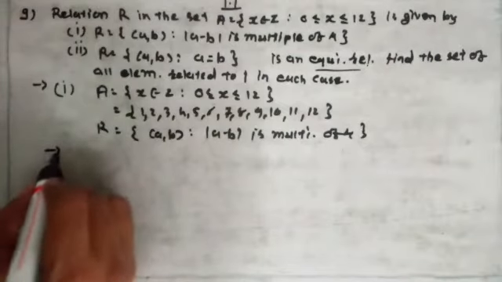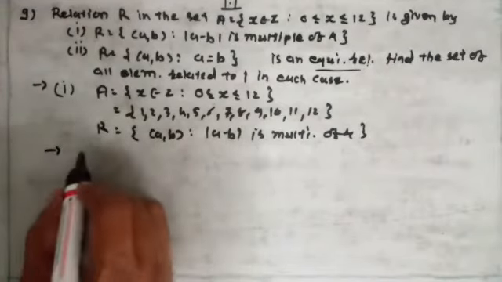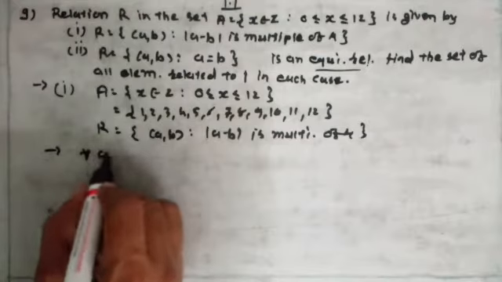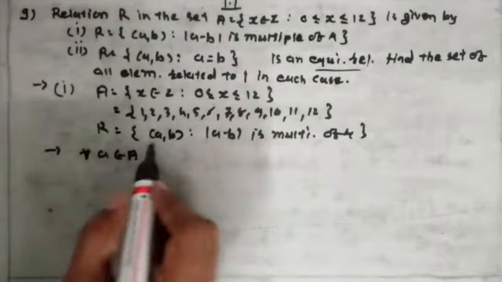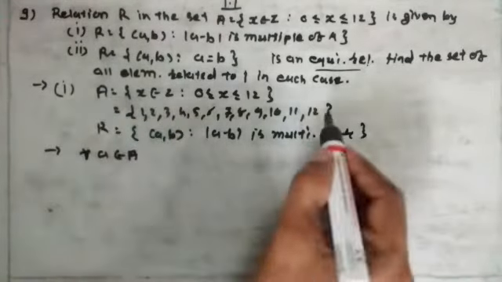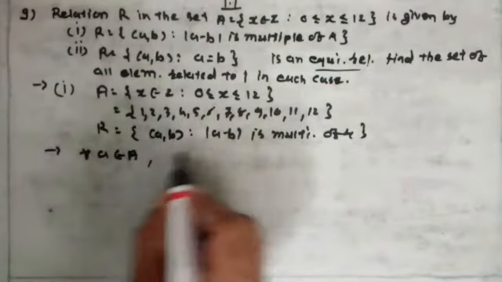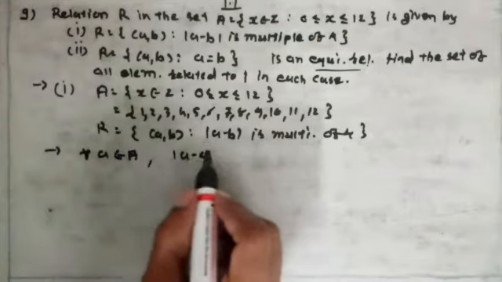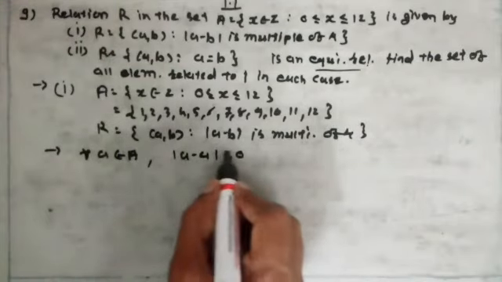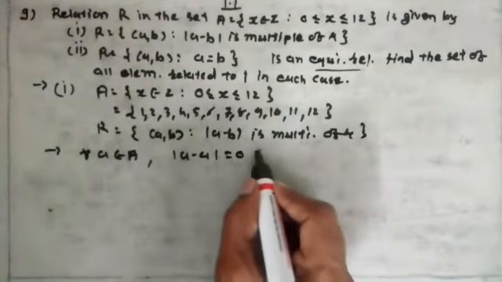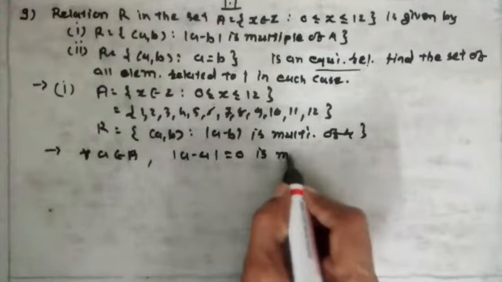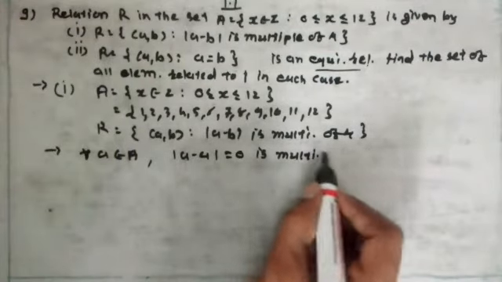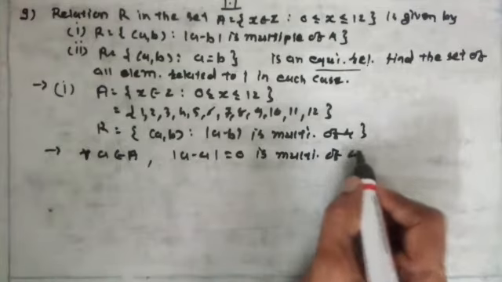For reflexive, take any element a belongs to A, that is a = 1 to 12. Then |a − a| becomes 0, and 0 is a multiple of 4.